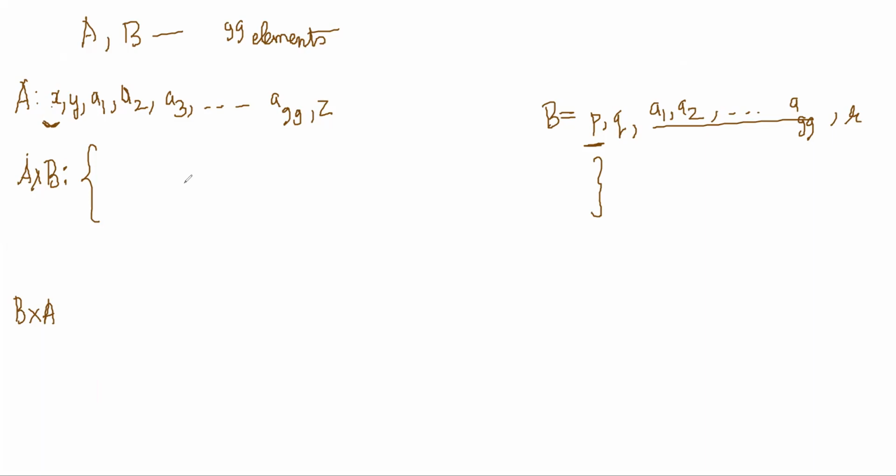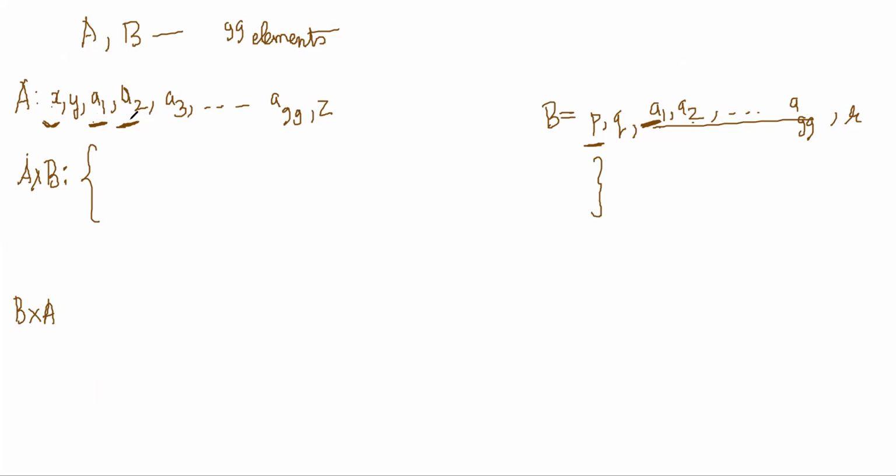So let's think about elements like A1, A1. That will work out. And A2, A1: there will be an A2, A1 there. But there will also be an A1, A2 here. So that will also work out.